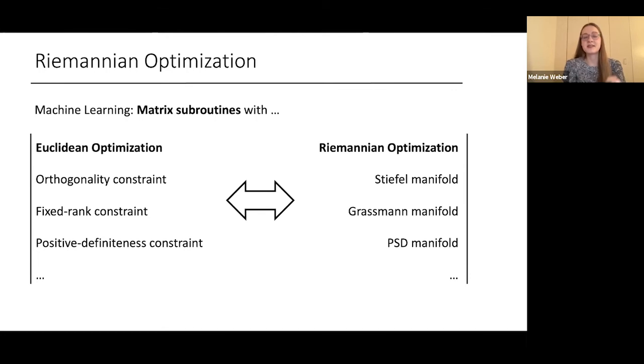And instead of using Euclidean optimization methods to optimize over such classes of matrices, you could also translate the problem onto a Riemannian manifold, because each of those constraints that form these classes of matrices has a corresponding manifold structure. For instance, for orthogonal matrices, we have the Stiefel manifold, or fixed rank, the Grassmann manifold, and then very popular for positive definite constraints, we have the PSD manifold.